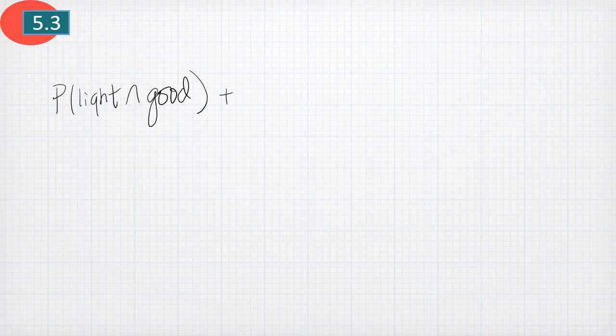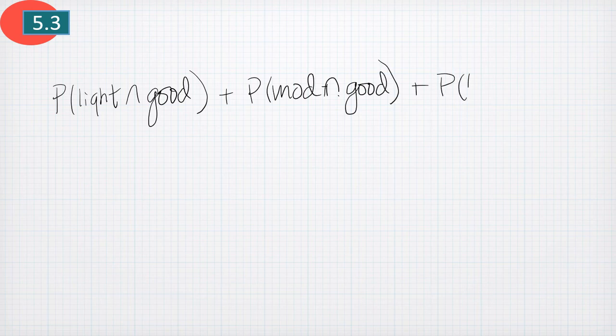Okay, so I made some more space over here. So basically, I'm going to take the probability of light and good, again, one more time, plus the probability of moderate and good, plus the probability of heavy and good.